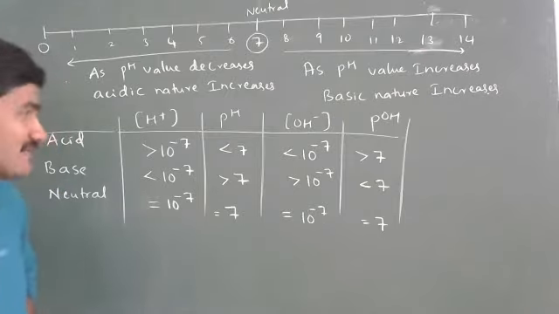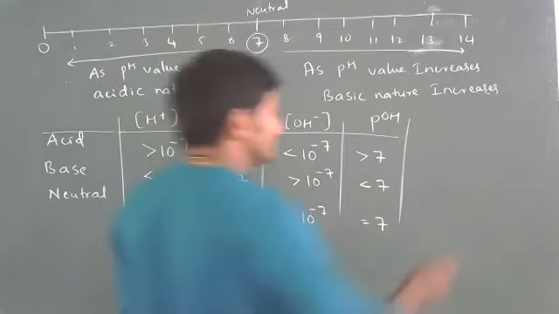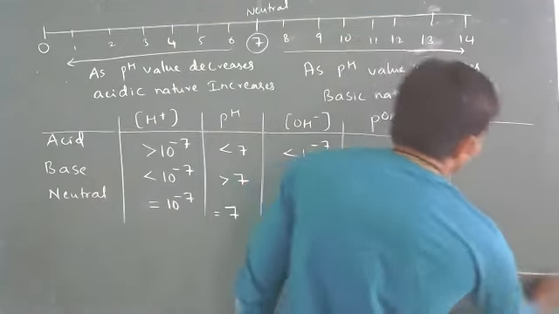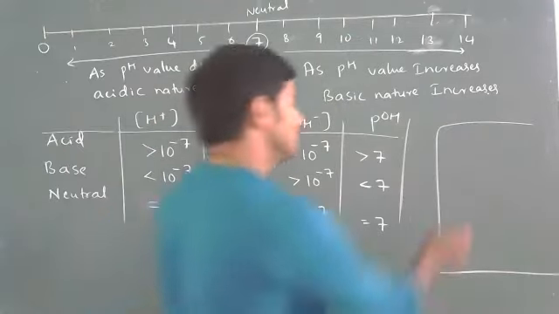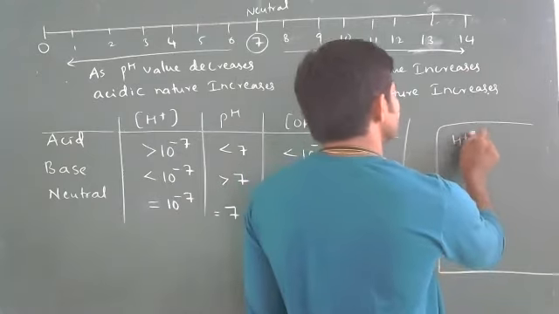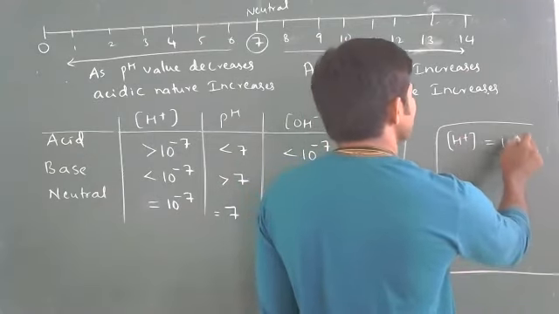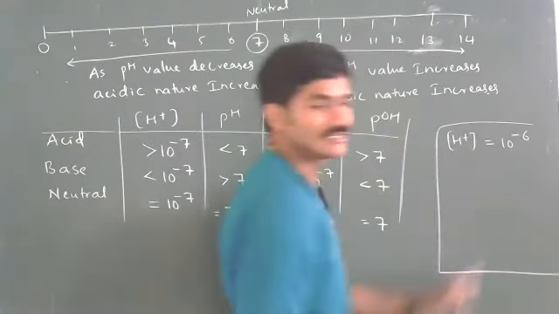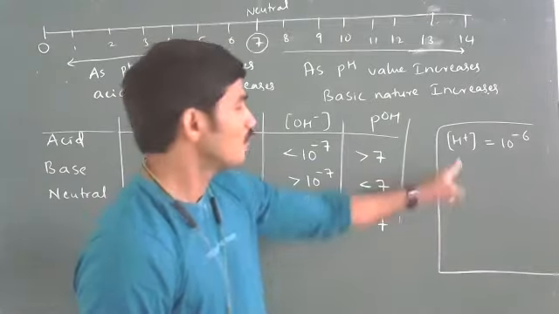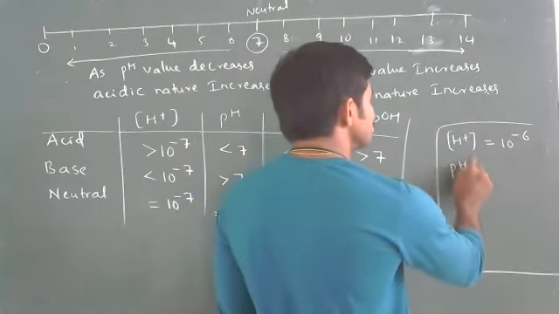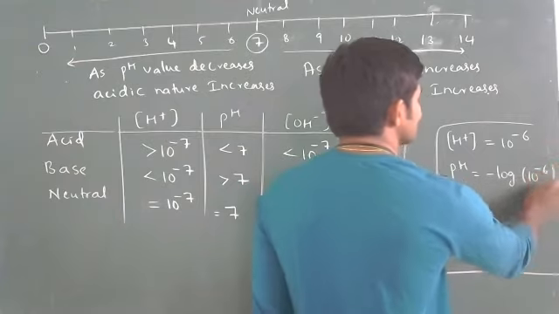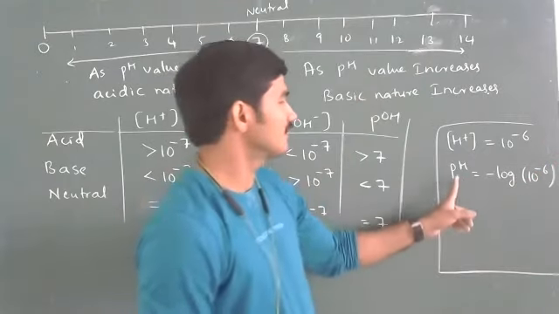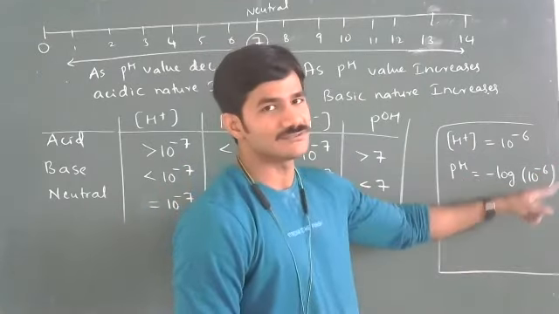Actually, when you solve problems you'll understand, but I'll tell you a simple problem here. If H plus concentration is equal to 10 power minus 6, what is the pH? pH is equal to minus log 10 power minus 6. The pH formula is the negative logarithm of H plus.